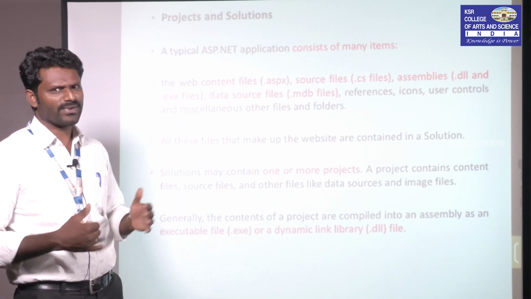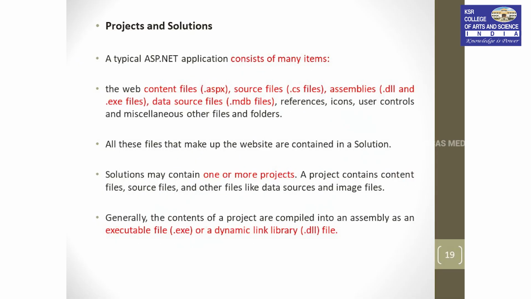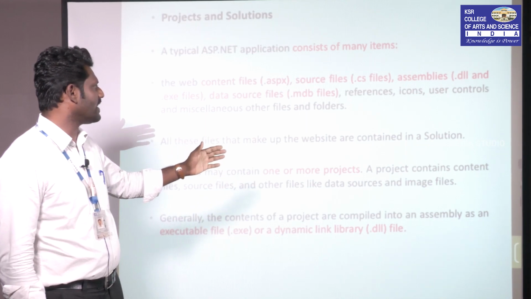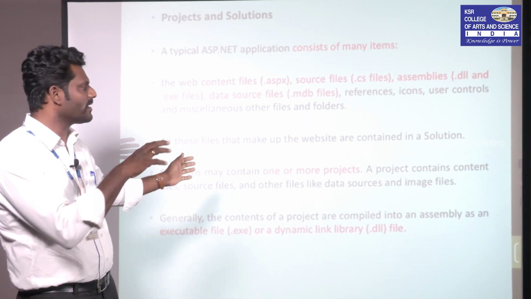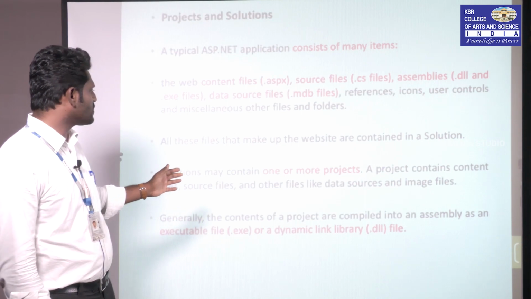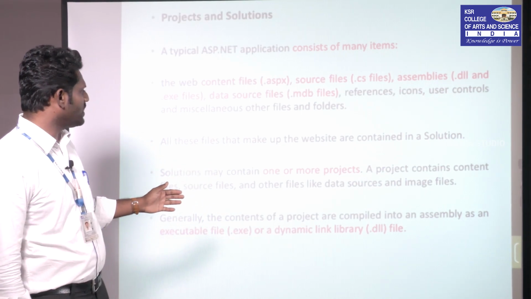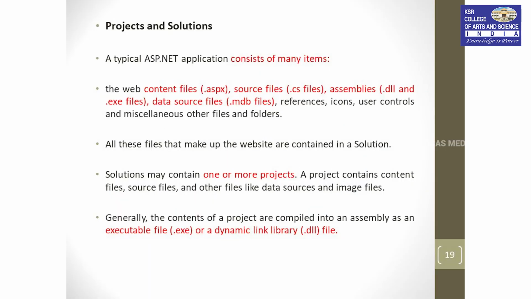These are the extensions of files, for the different types of applications and the different types of forms which should be created, right? All the files are part of the website and contained in the solution only. All files are stored in Server Explorer only. The solutions may contain one or more projects. The project contains files, resource files, and files like data resources and image files also.